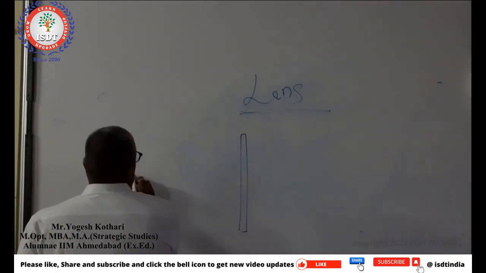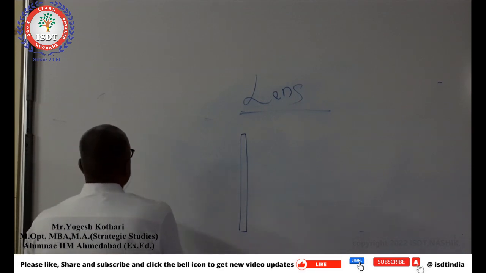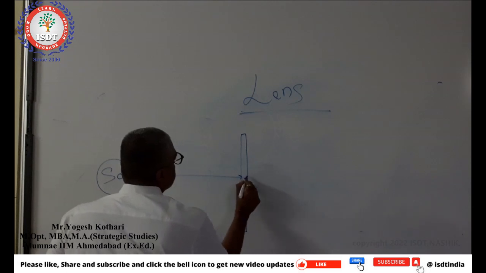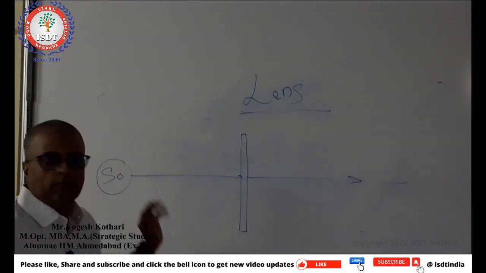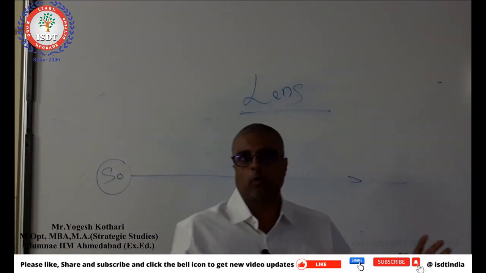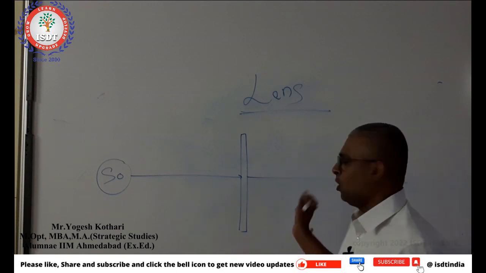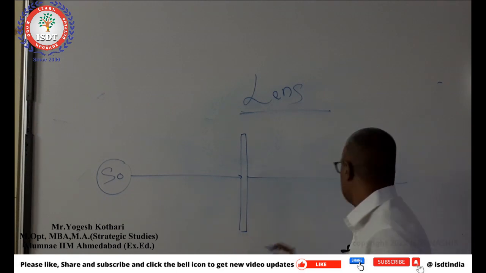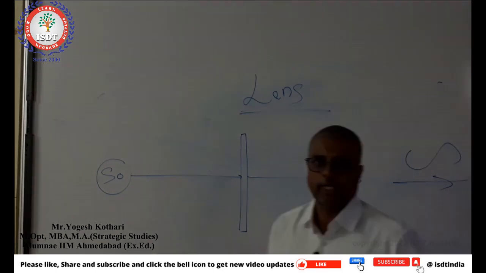So light comes from the source, hits, and goes in exactly the same direction. Wherever there is a hindrance or an object in between, it will stop, or if there is nothing at all, it will just keep going till infinity, right?